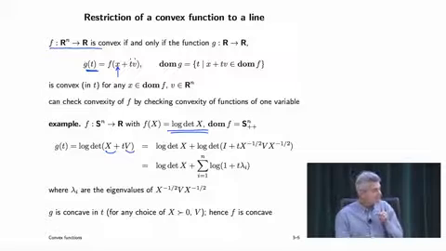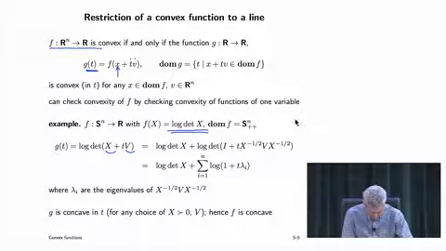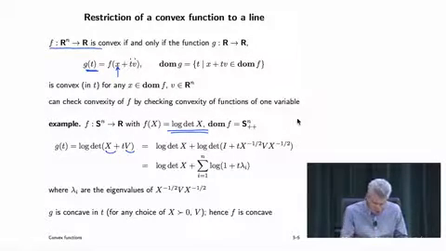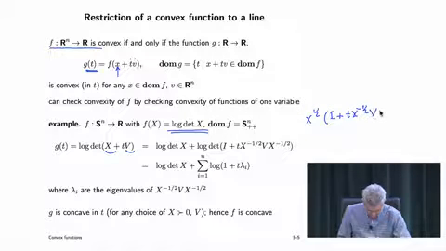Okay, so let's look at this on a line. Well, on a line, this thing is log det. There are several ways to do it, but I can pull out x^(1/2) on either side of this thing and write this as I plus t x^(-1/2) v x^(-1/2), and x^(1/2).